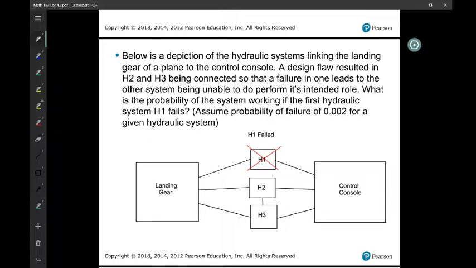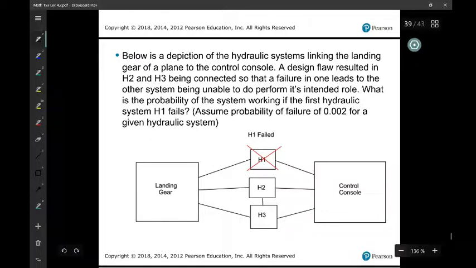A design flaw resulted in two of these hydraulic systems being connected in such a way that a failure in one will make the other one unable to perform its intended role, so that effectively if one fails, the other fails. So what is the probability of the system working if the first hydraulic system, H1, fails?